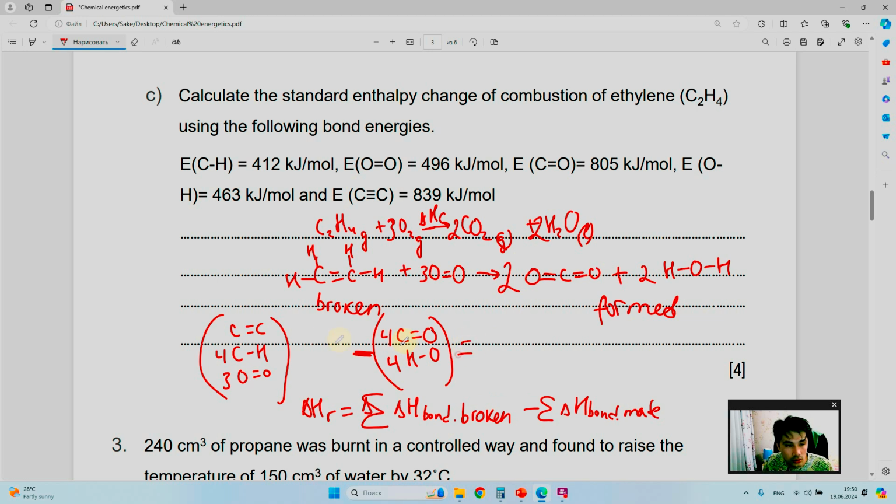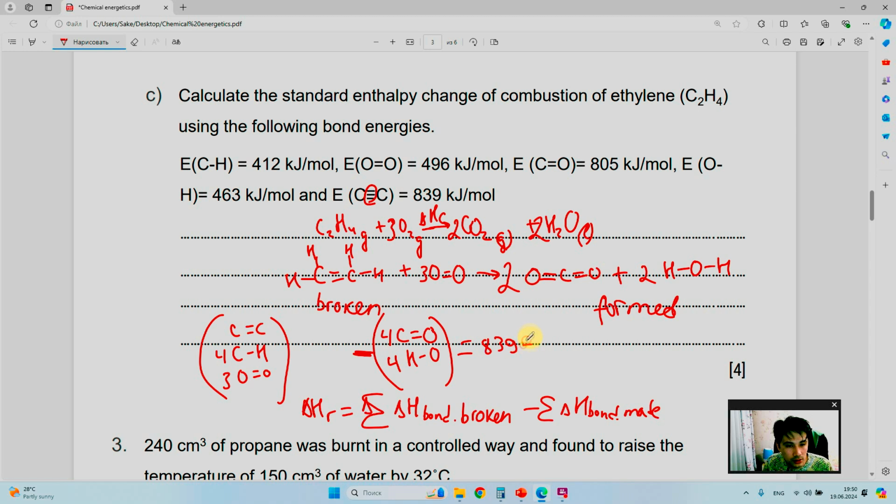So by putting all of these values here, we have carbon double bond carbon here, so probably here is the mistake, it must be double bond.